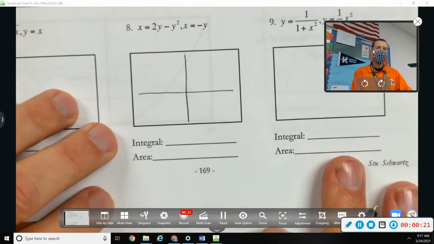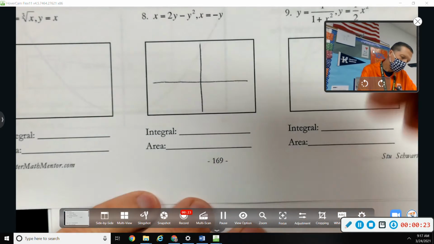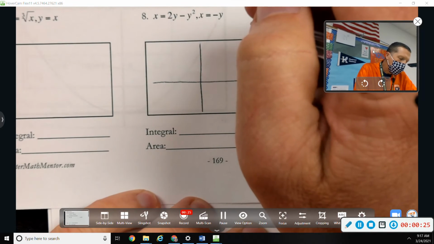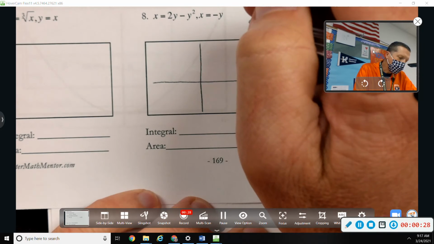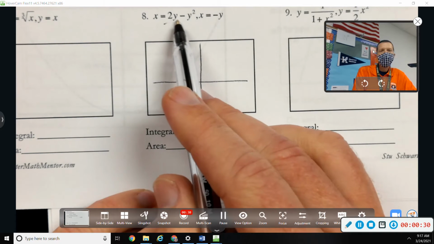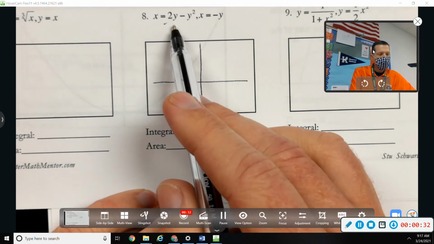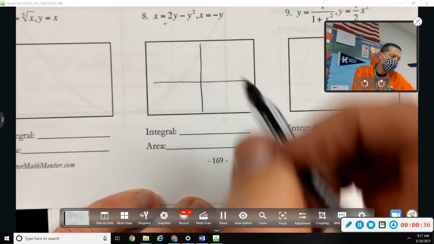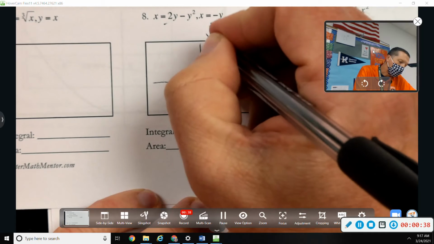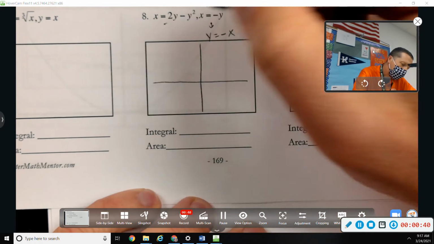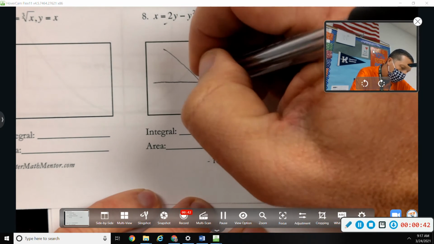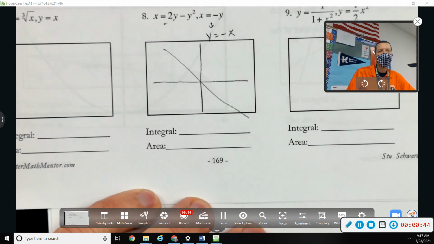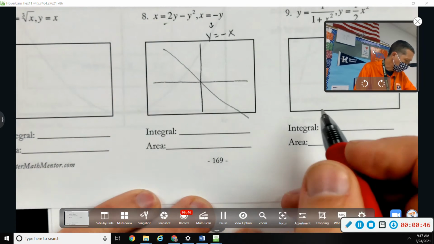I think probably the easiest way to graph the quadratic one is a table of values. The easiest way to graph the linear one is to just rearrange that and make it y equals negative x. So that's an easy one to graph. Switch up some colors here.